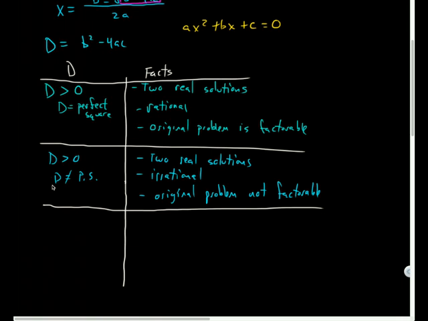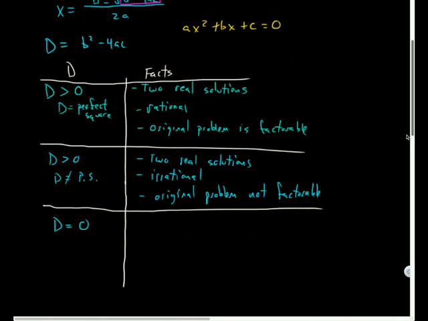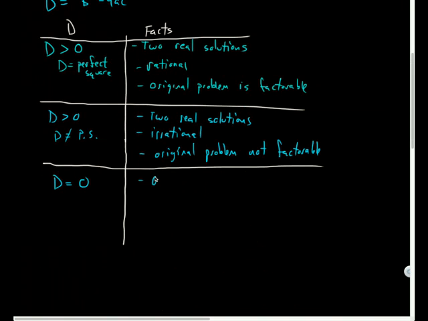So let's consider this. What about when d is 0? So if the inside of this radical is 0, the square root of 0 is 0, adding and subtracting 0 is the same thing, and I'm just going to get a single answer, which is negative b over 2a. So I'll actually have one real solution. And I guess I could say that solution is negative b over 2a.